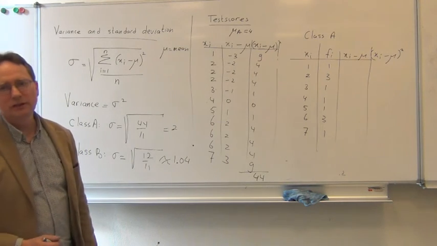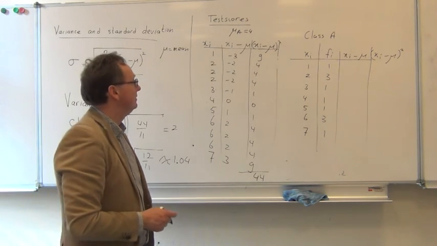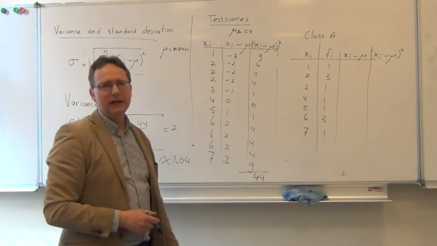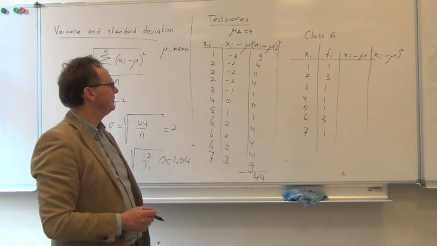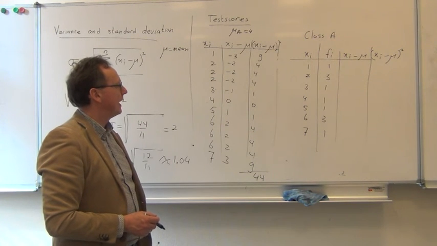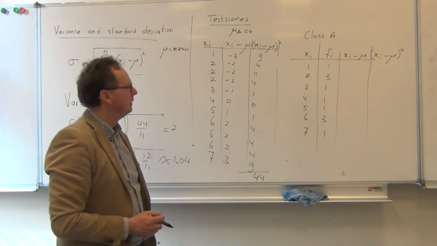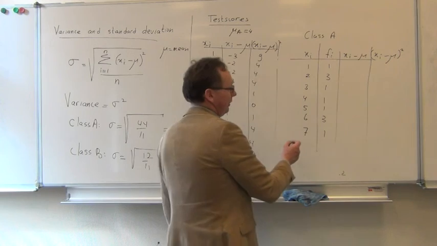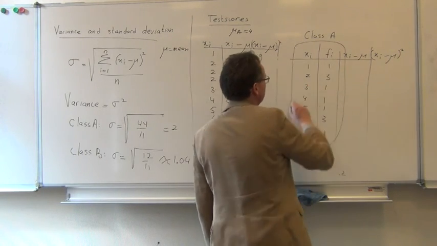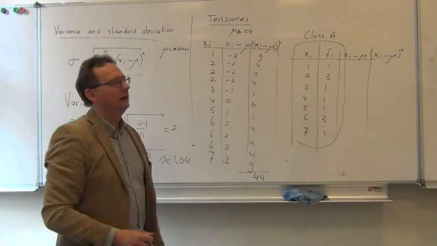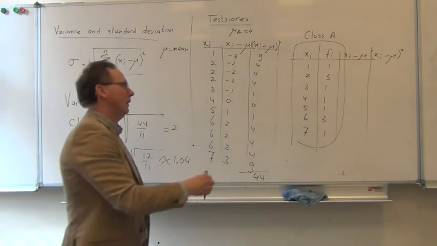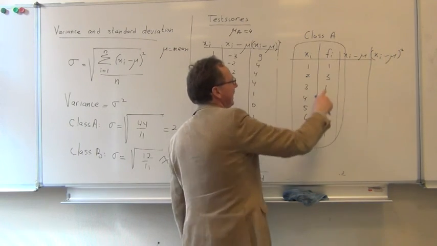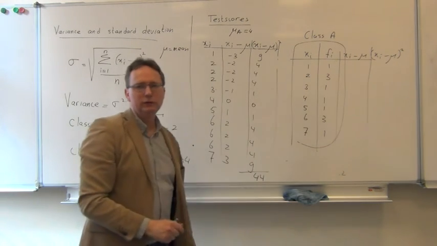Another important remark I should make is that, of course, your calculator can also deal with this. For example, if you include the frequencies, you can enter these columns as lists in your calculator.